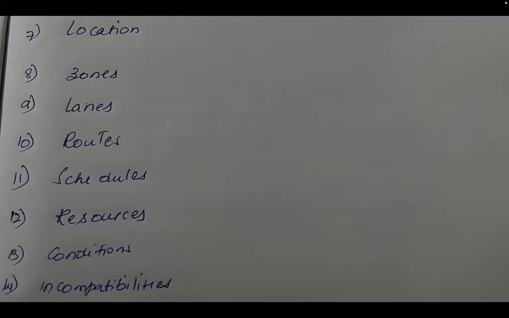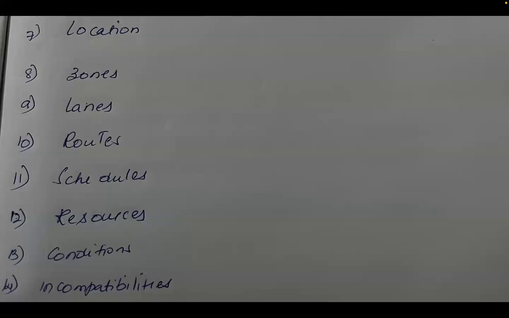And then we have schedules. They are the planned timeline for the transportation that is to be executed. And then we have resources. They are assets, for example equipment and vehicles, which are deployed for the execution of transportation activities. We have conditions, which talk about the specific criteria or restrictions that must be satisfied during the transportation process.